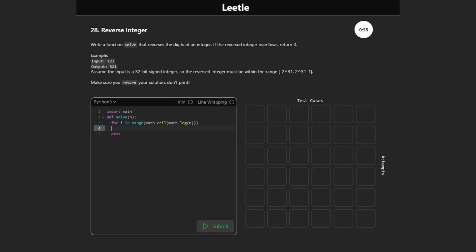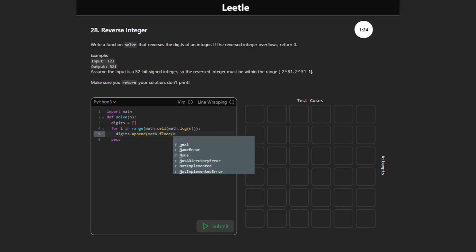We're going to do digits equals this. Digits.append. We're going to do math.floor of n divided by 10 to the power of i.